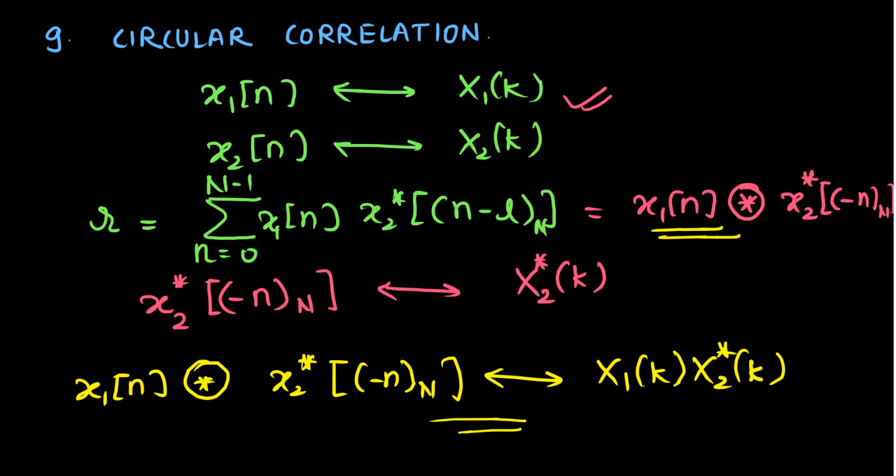The next property we saw was circular correlation. We saw that if we have circular correlation in the time domain, we are going to get multiplication, that is X1 of k into X2 of k, but this X2 of k will be conjugated. That is, circular correlation in time domain results in X1 of k into X2 conjugate of k.